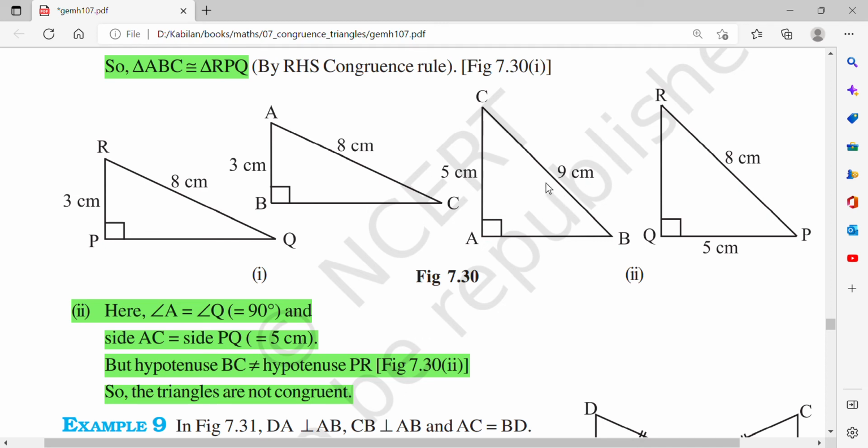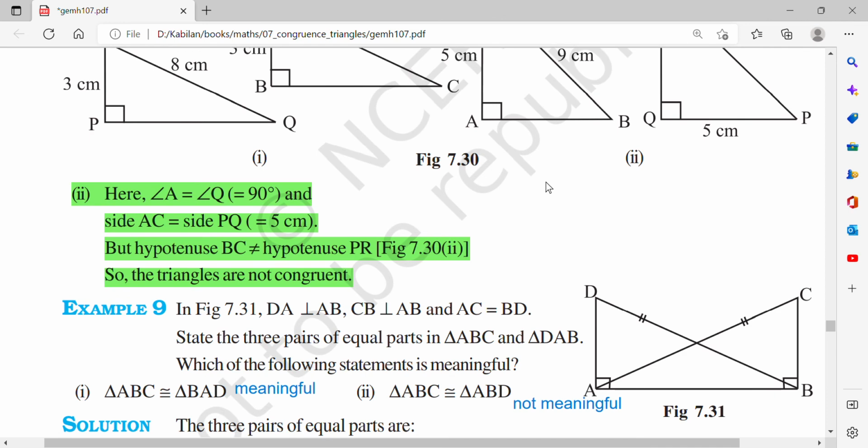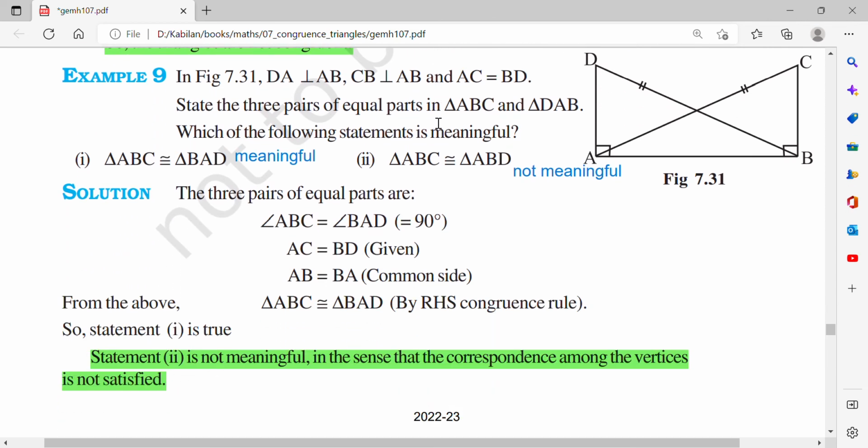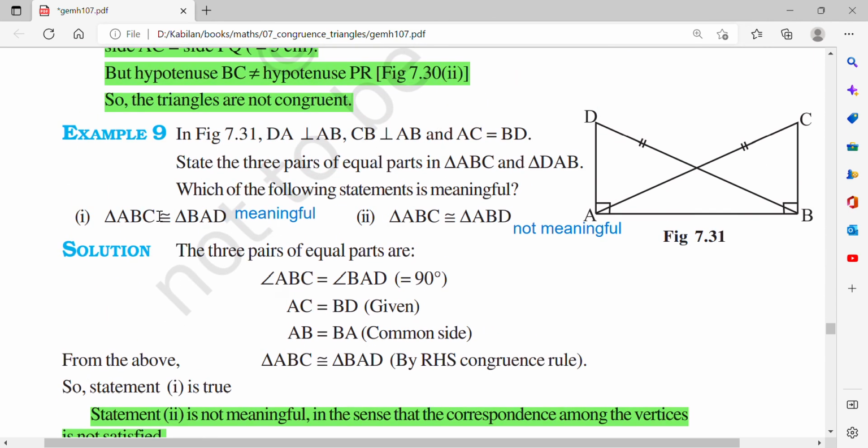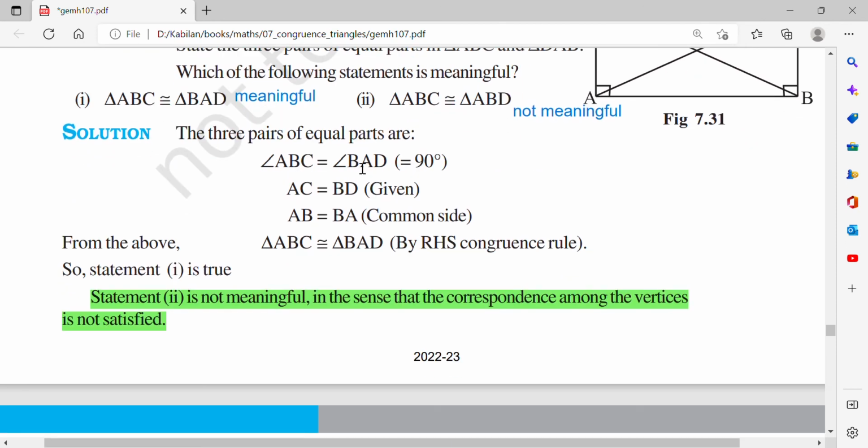It is not matching the RHS criterion. Here this is meaningfully written: ABC is congruent to BAD. This is congruent, but ABC to ABD is not meaningful because BD and BC, these two lengths are not equal. They are not meaningfully written.